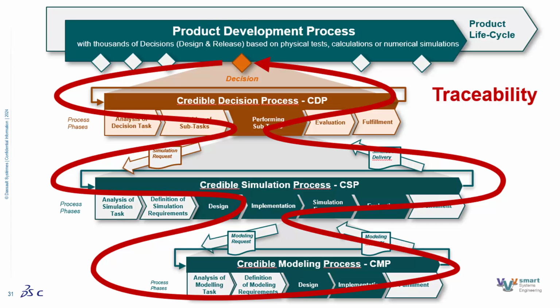So as part of the product development, the key point is that we are forced to make decisions based on simulation. So to be able to make a credible decision, we must have based that on a credible simulation process, which of course requires a credible modeling process.